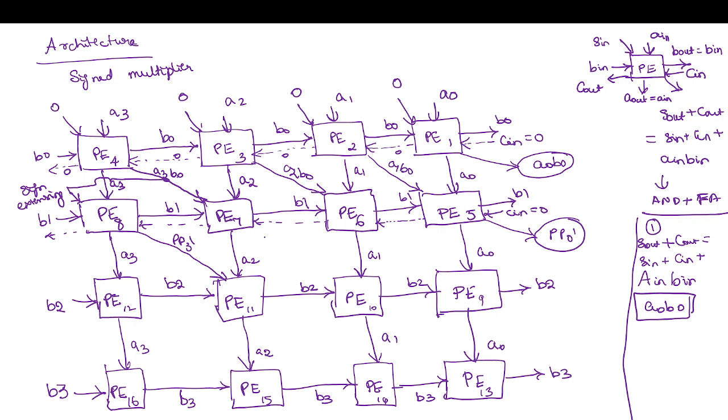The same way from here and from here. This is the second layer. This output will be Y0, Y1, Y2, Y3. Again same way there will be carry propagation. And this time carry it should be B3.